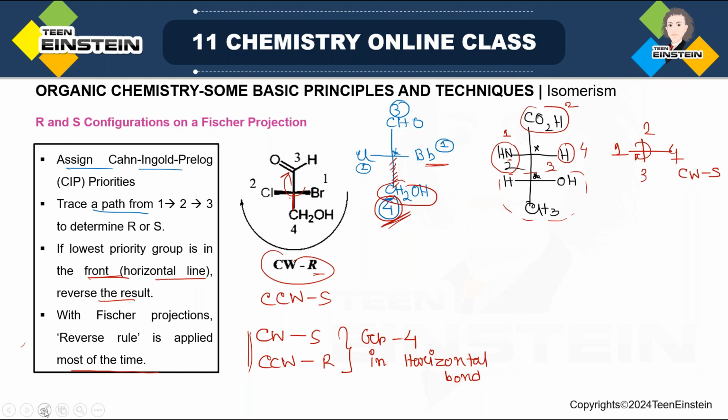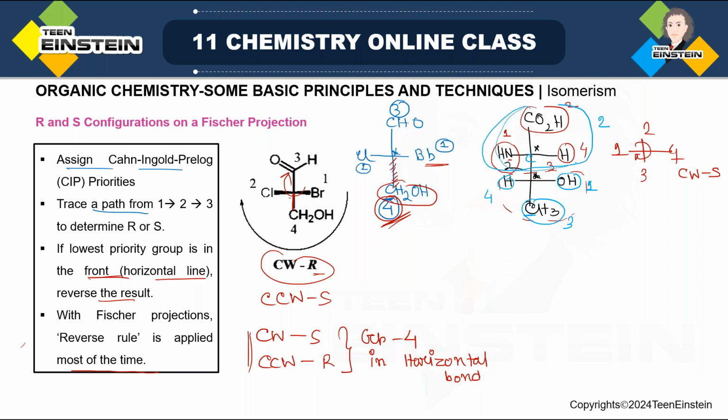Now we do the same thing for the other chiral center. Which one is highest priority? OH is having highest priority, isn't it? After OH, H is always 4. This total group is priority 2. Methyl is priority 3 because this carbon is attached to 3 hydrogen, but this carbon is attached to 1N, 1C, 1H.